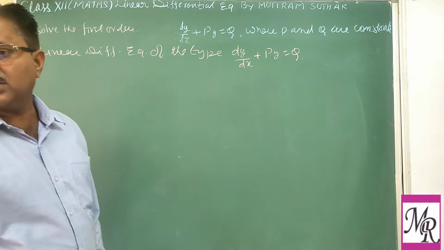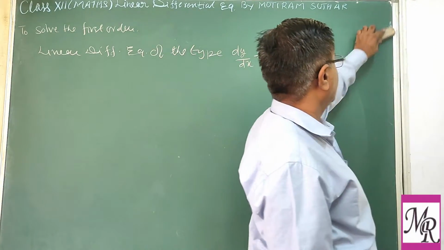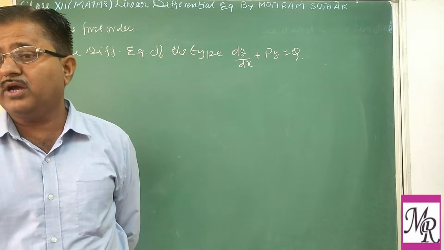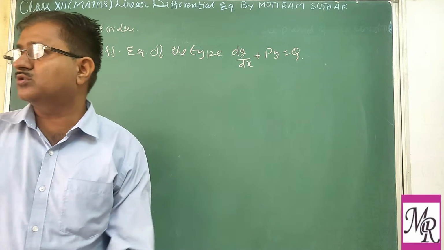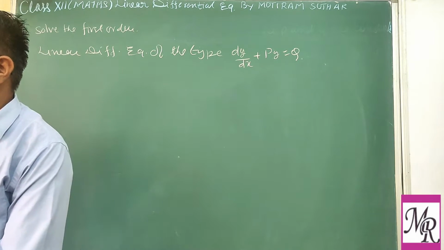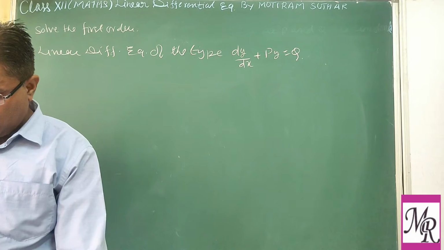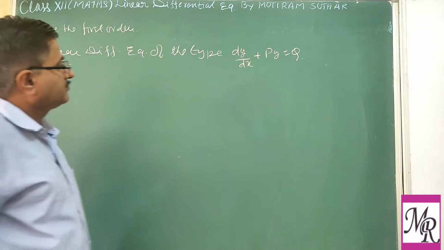So if you take this type of linear differential equation, then how to find a solution, that we have to see here. Clear? So first of all we solve with the general method, or we use the method for any linear differential equation. Clear?